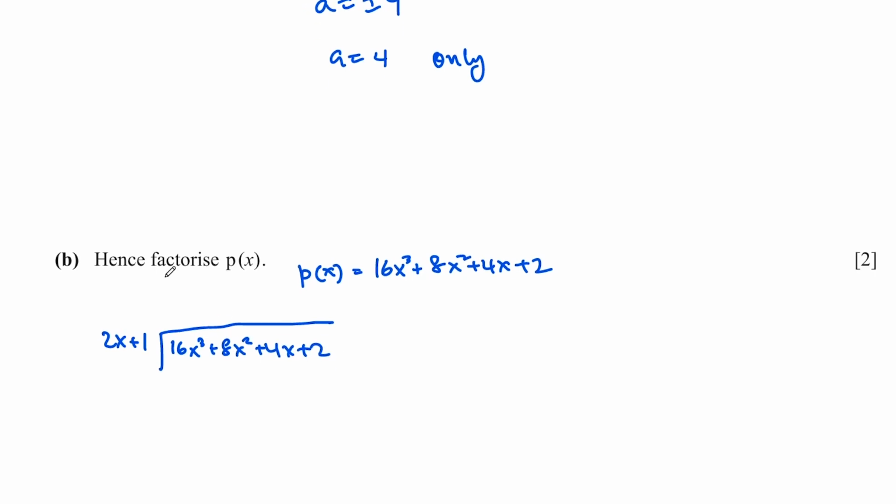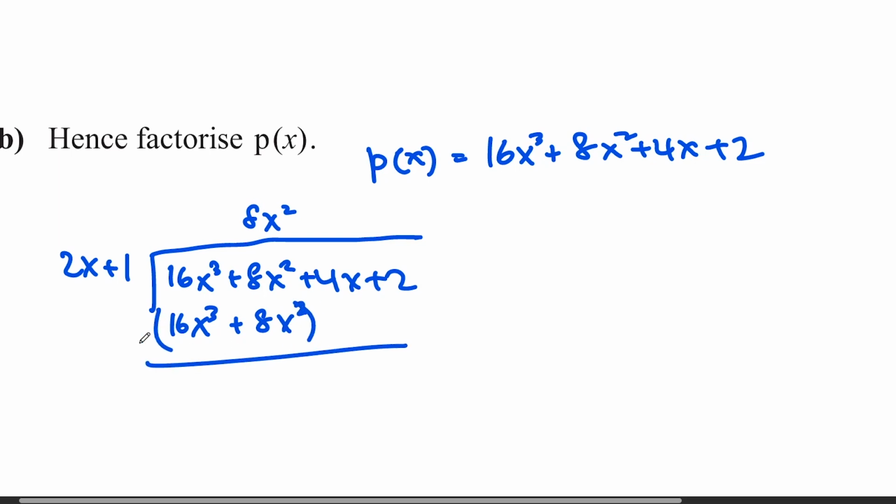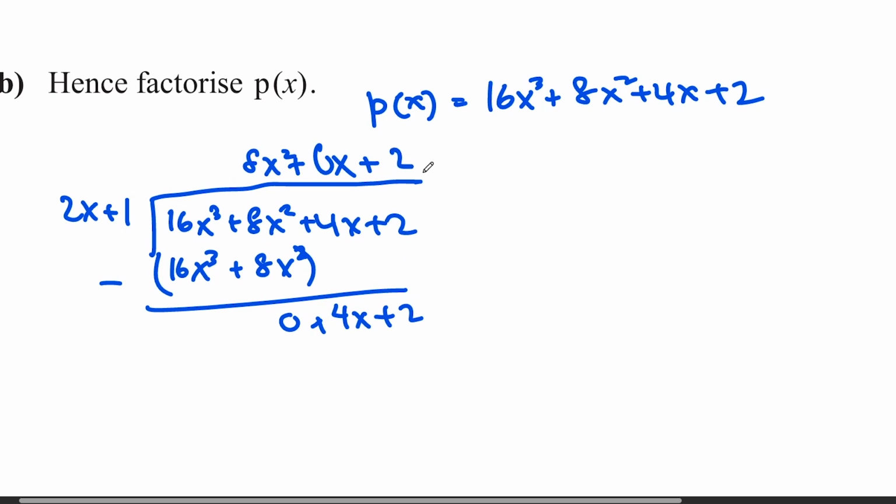Right, so first value I'm going to put up here will be 8x squared. So 8x squared multiply this, I get 16x cubed, 8x squared. So here, once I divide this, I will end up with 0. I can take down both of these values. So here we'll add the 0x, and for the constant value, I will just add a 2.